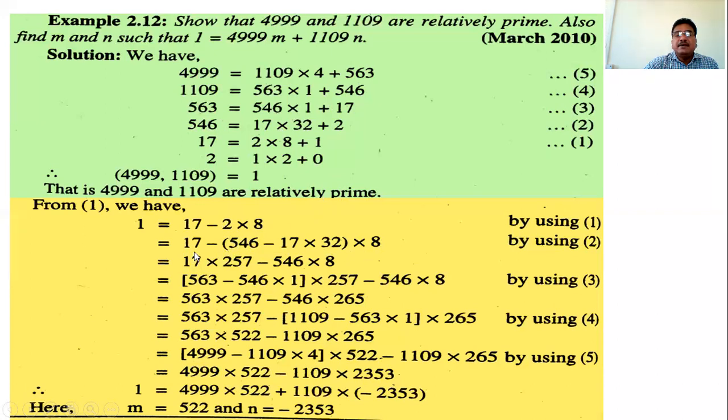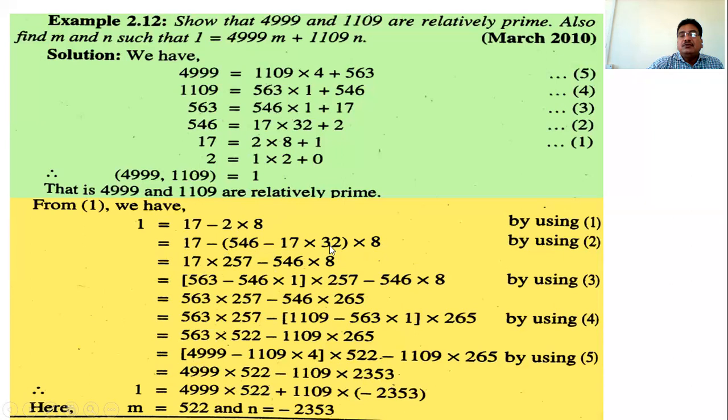Then what do we have? 17 into 1, and this minus minus becomes plus. Write one more step here: equal to 17 minus 546 into 8 plus 17 into 32 into 8. So 32 into 8 becomes what? 8 2s are 16 and 8 3s are 24.